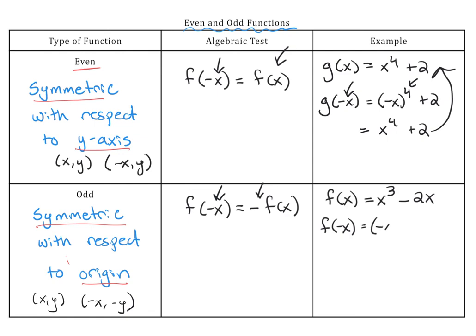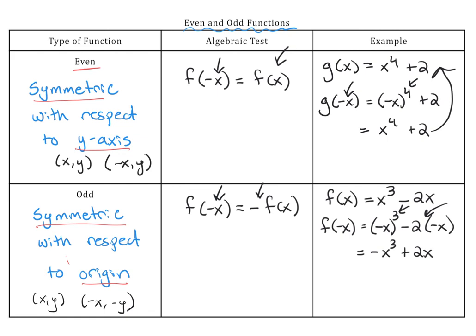So I'll have negative x to the third and then minus 2 times negative x. This time, a variable to an odd exponent, if it's negative, it's going to stay negative. So that's negative x to the third. But here, negative 2 times negative x is going to go to plus 2x.